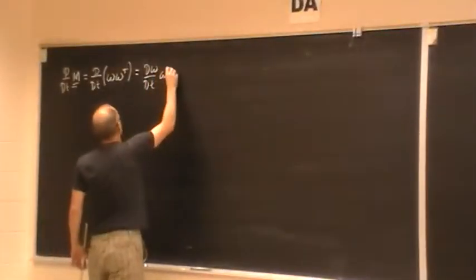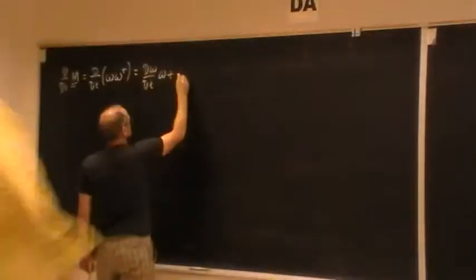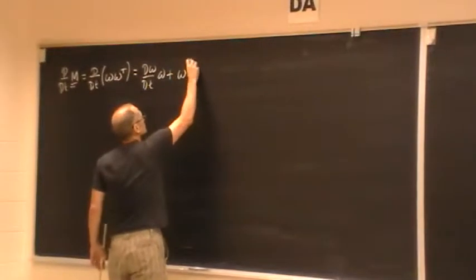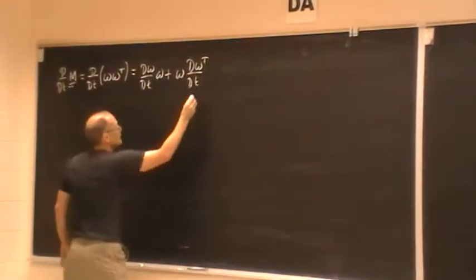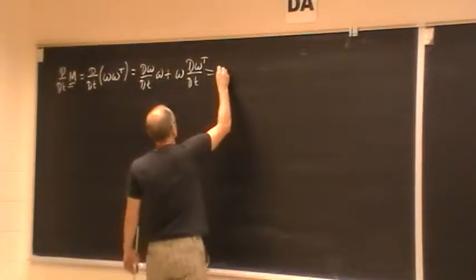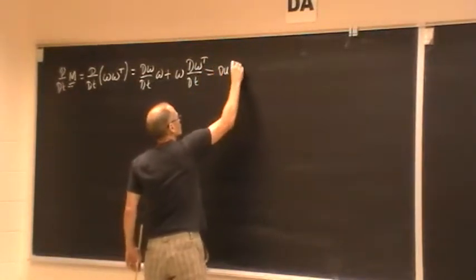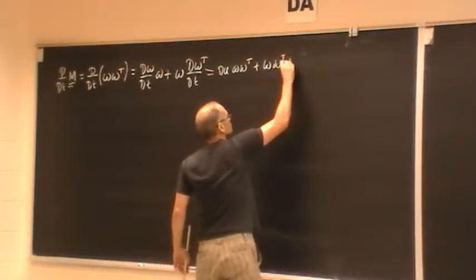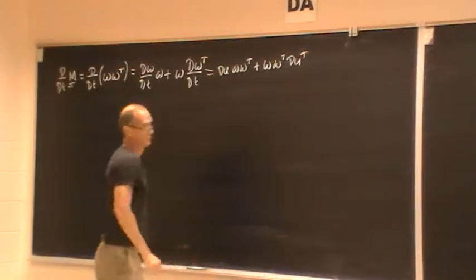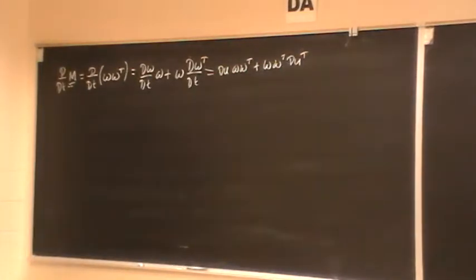Well, that's d/dt of omega omega transpose, which is d omega/dt omega transpose, thank you, plus omega d omega transpose/dt. This is equal to grad u omega omega transpose plus omega omega transpose grad u transpose. Right?